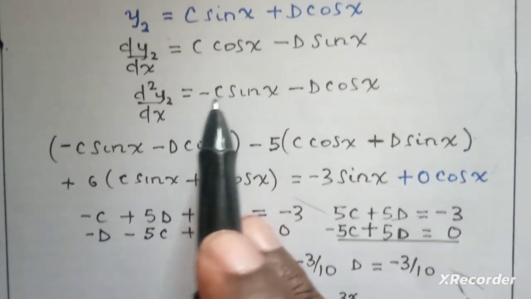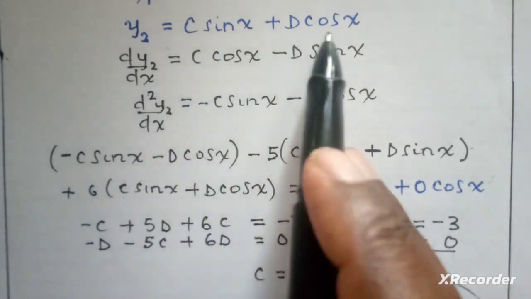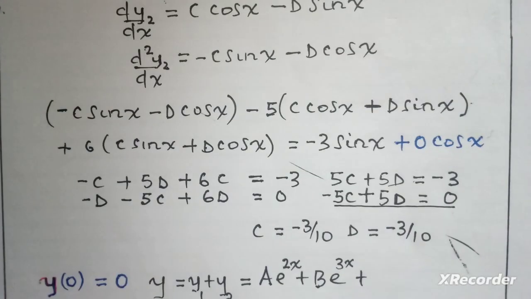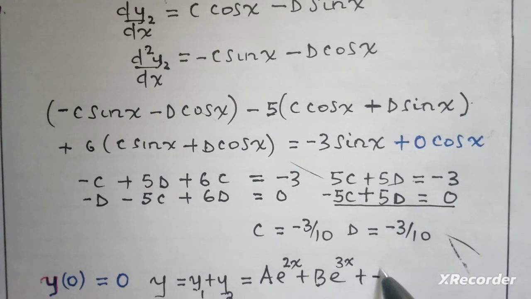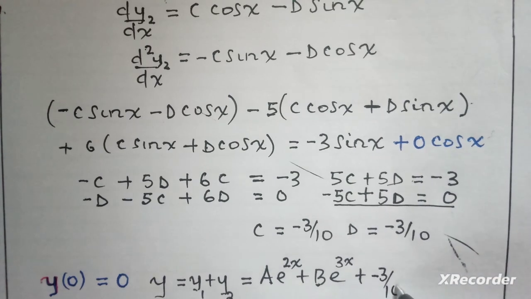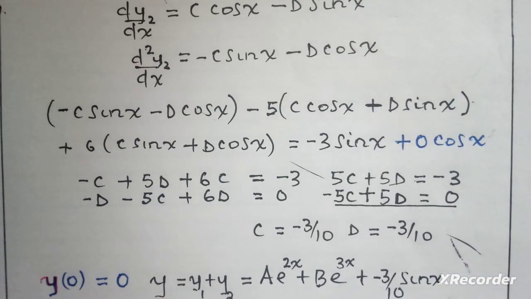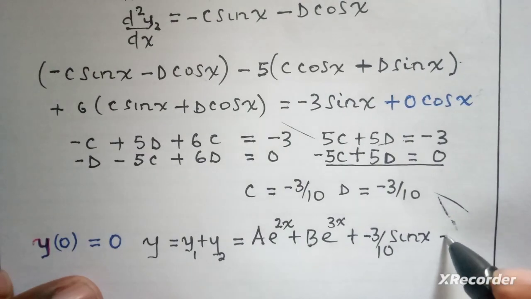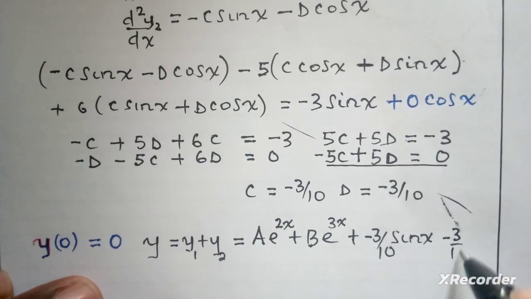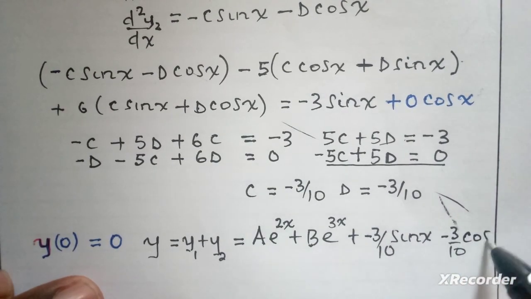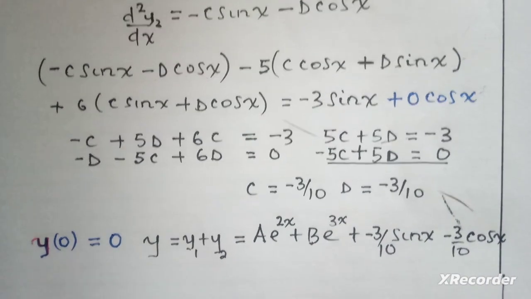This is our y2. Since now we have been able to find c, we just write minus 3 all over 10 sin x minus 3 all over 10 cos x, like that, guys.